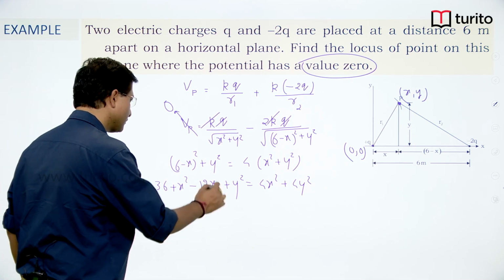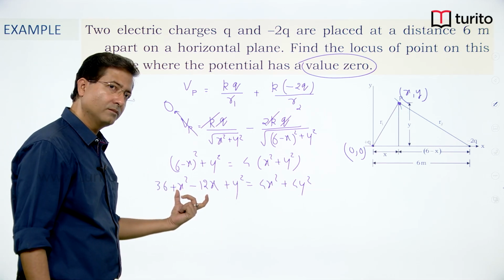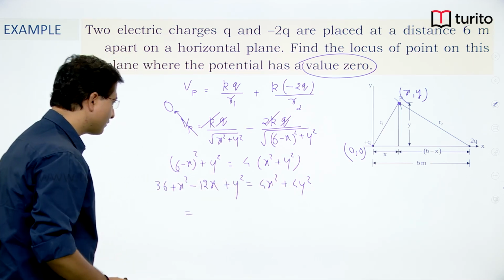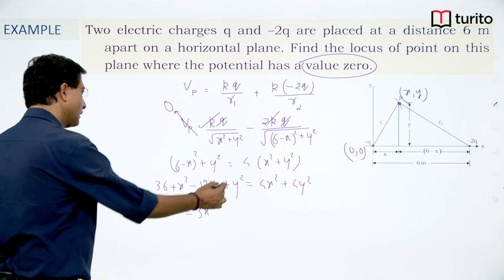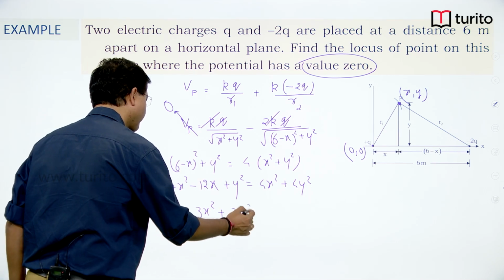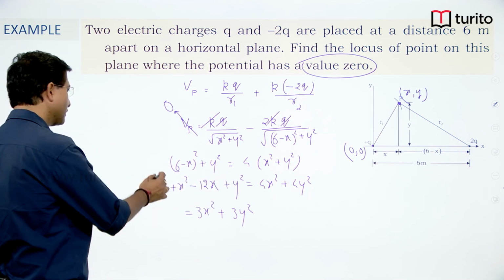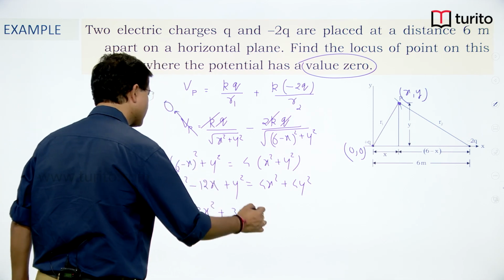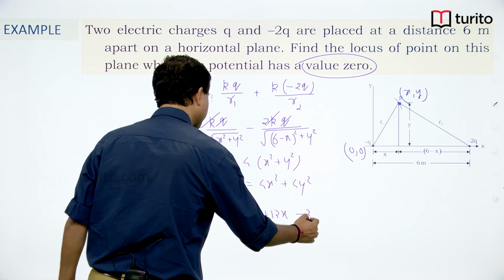If I transfer all these terms to the other side, then x square and 4x square will make 3x square, and this will become 3y square. Now this 36 on the other side will become minus 36, and this will become plus 12x minus 36.